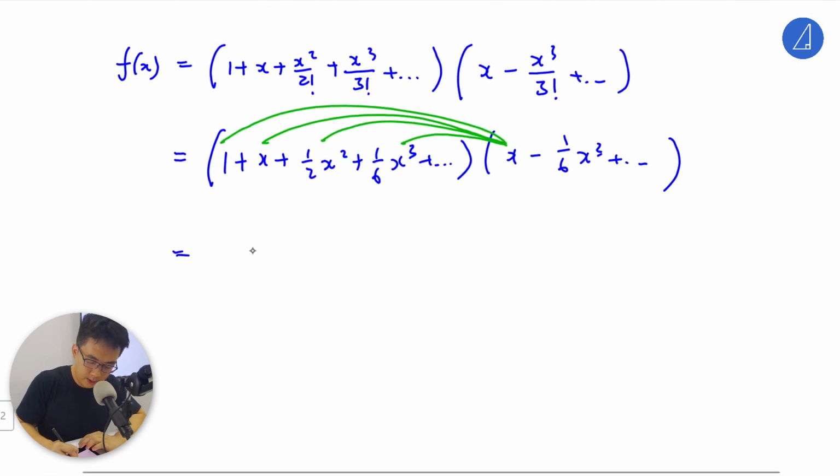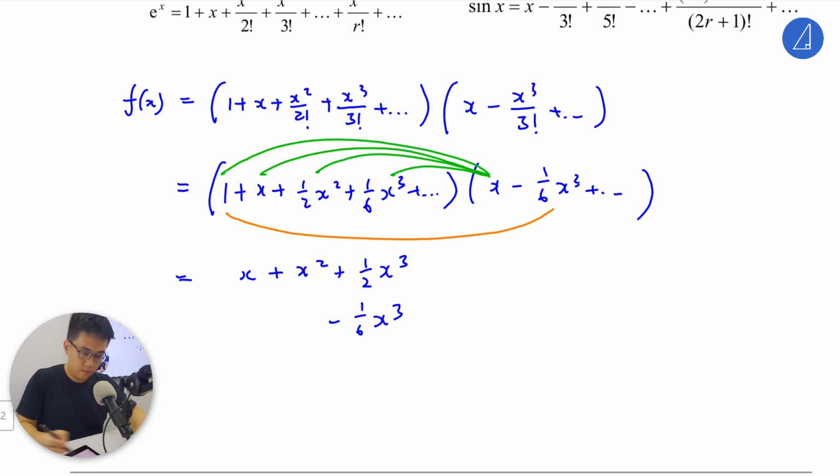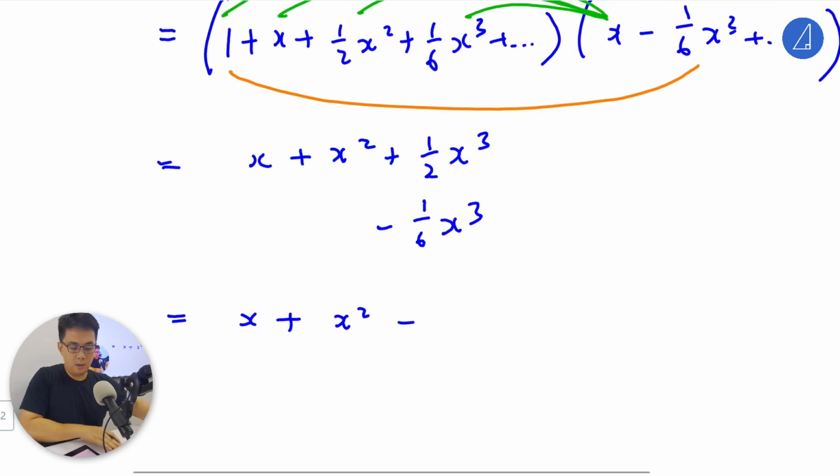So this will be x plus x squared plus, the last one don't need, then minus 1 over 6 x cubed, like that. A third.